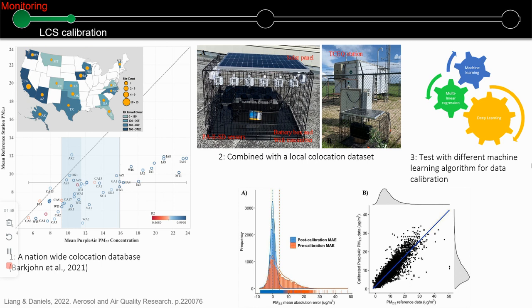So in order to get good temporal measurements, the photos here show that we put those different units in a cage and put a solar panel on the top to power the Wi-Fi transmitters so that we can have those units run at the same time.